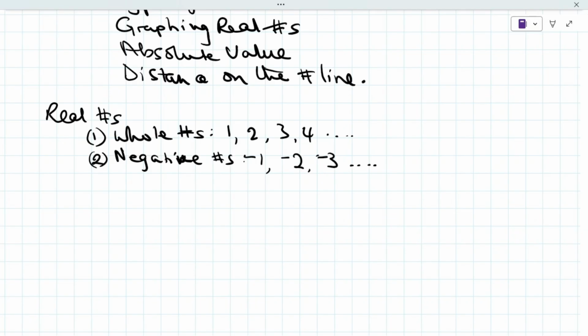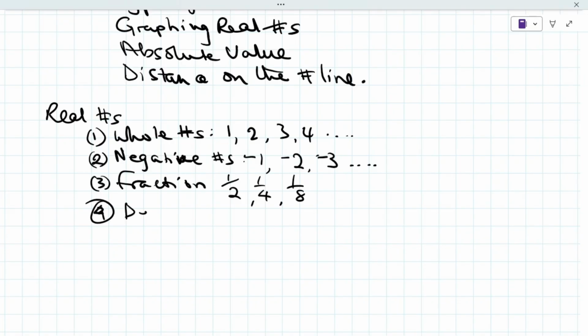And then we have fractions, and this can be expressed as 1/2 or 1/4 or 1/8. Or real numbers can be decimals, and these are expressed as, for example, if we are talking about 1/2, it will be 0.5.